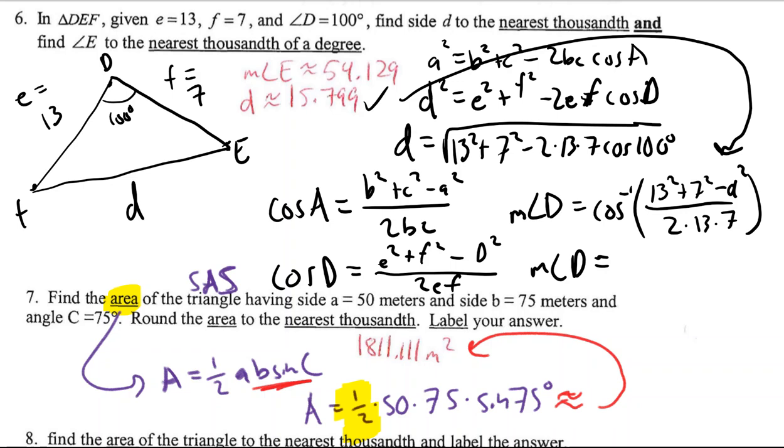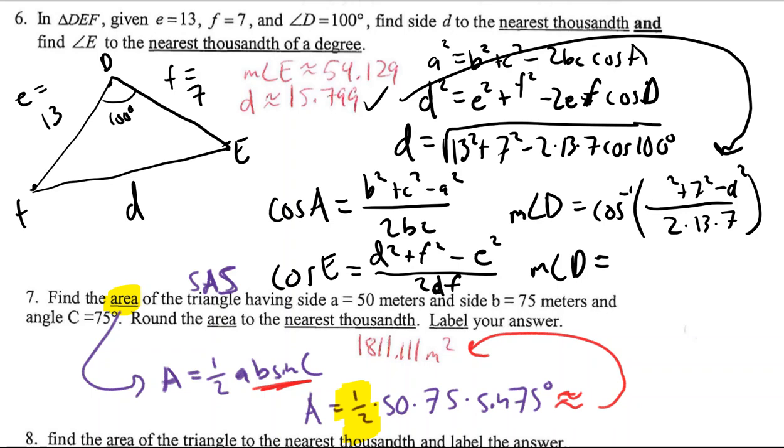Oh, what am I doing? First off, I shouldn't be trying to find angle D. Angle D was given to us. I was supposed to be trying to find angle E. Oops. Okay, so if I'm trying to find angle E, I need to adjust this a little bit. This would be D squared plus F squared minus E squared, and this would be over 2DF.